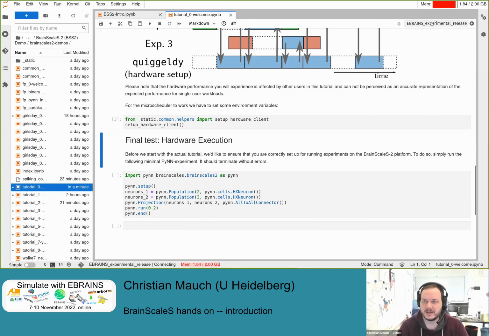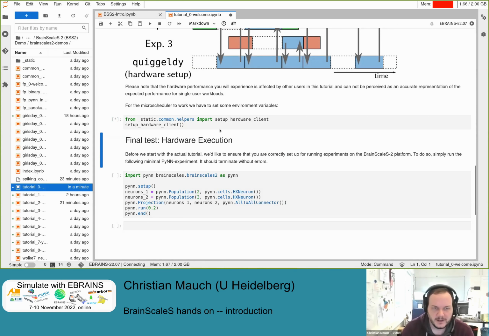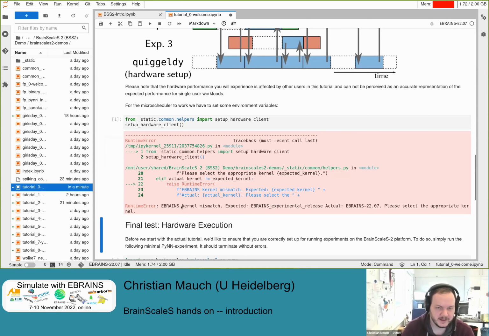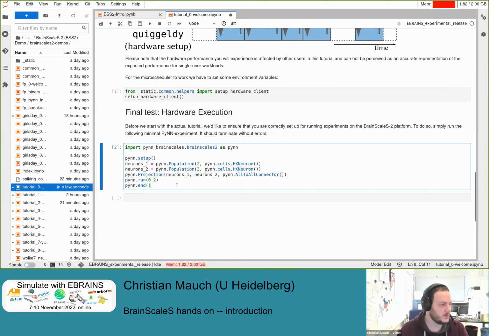If you select the wrong kernel, we can just demonstrate this: you will get an error that hopefully states that you are running the wrong kernel and should select the proper kernel. So just again run those 2 cells, and if everything is correct, you shouldn't get any output.